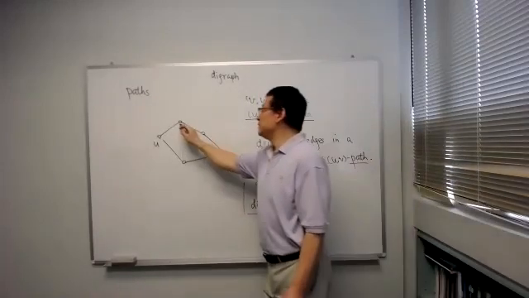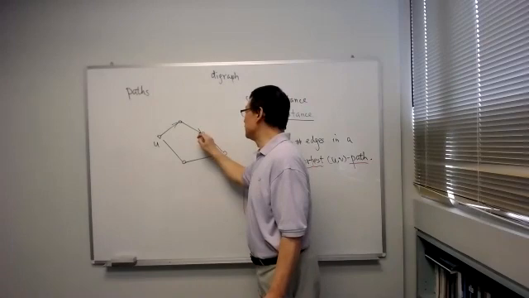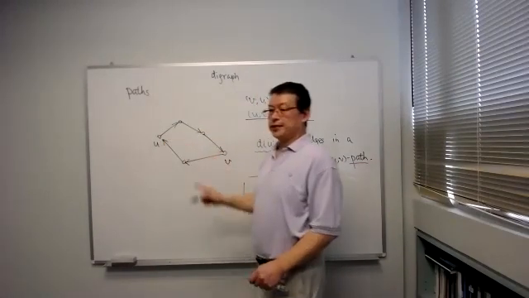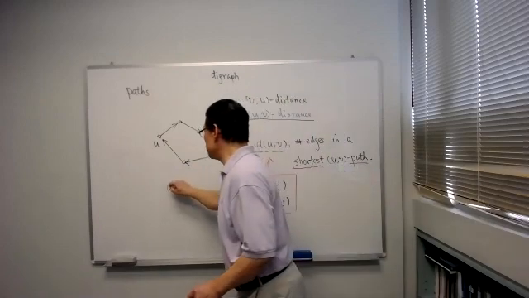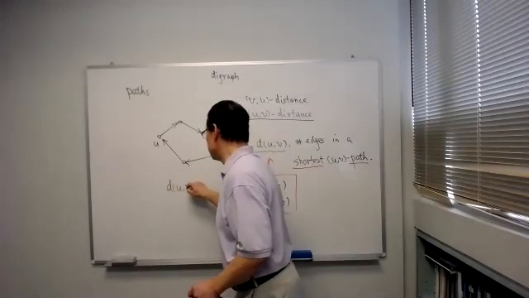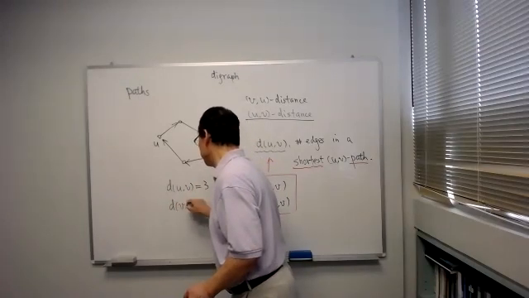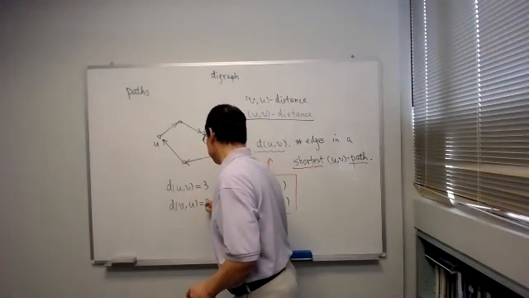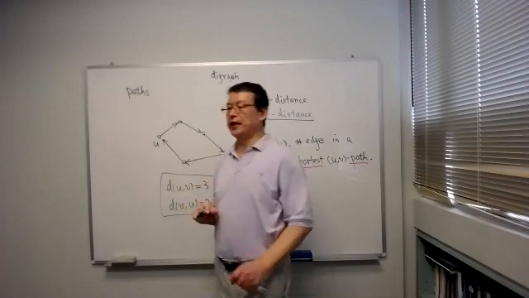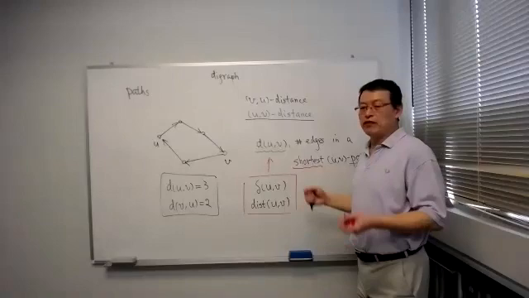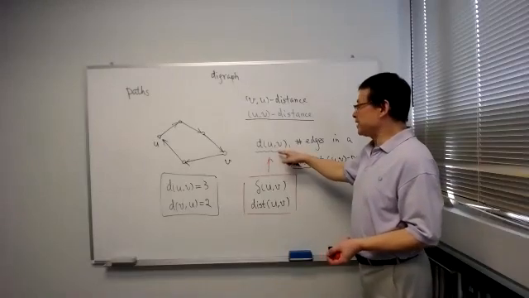For example, the graph may look like this. Here's a digraph. Now the distance from u to v equals 3, and the distance from v to u equals 2. They can be different for a digraph. For a simple graph, an undirected graph, the distance will be the same.